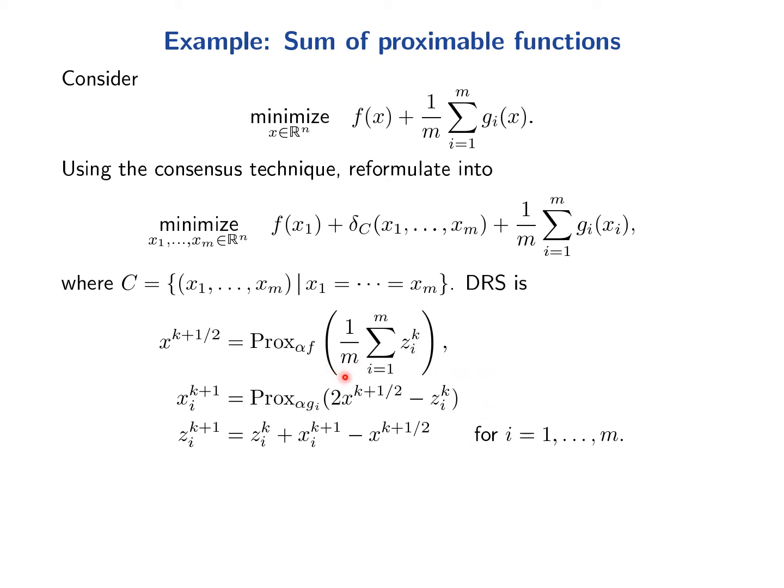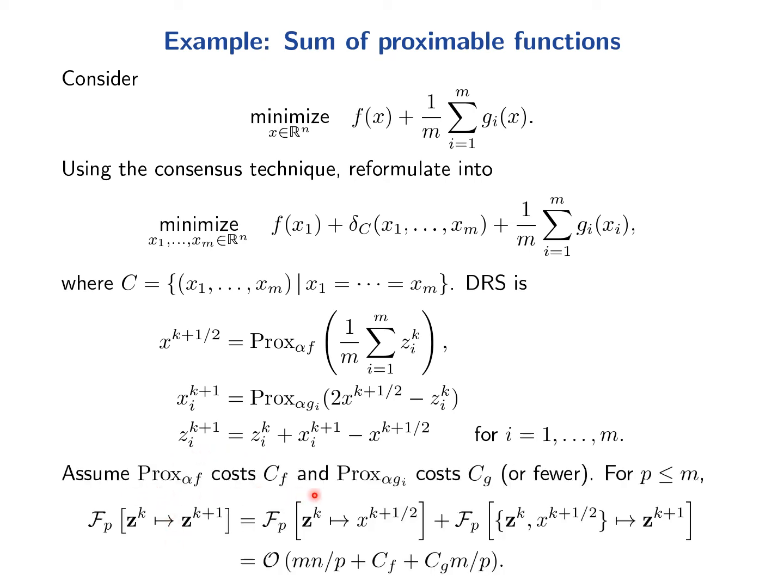The first step involves taking the mean of the z_i vectors, then calculating the prox over f, and the second and third steps are applied for every i. For every i, we first calculate the difference, then calculate the prox over g_i, and then finally update the z_i.